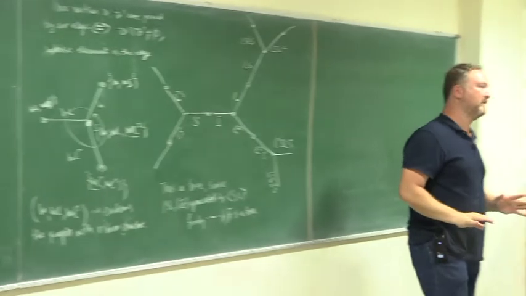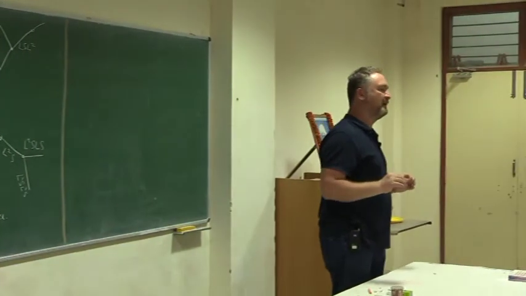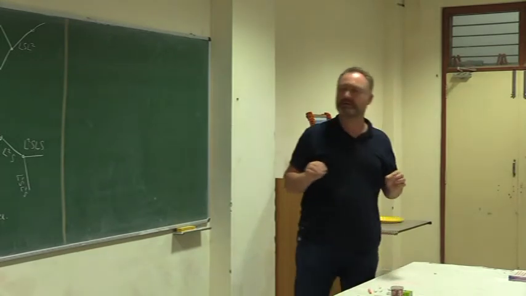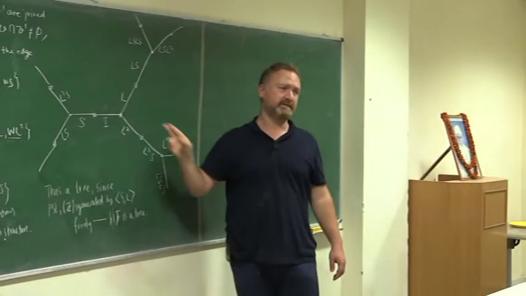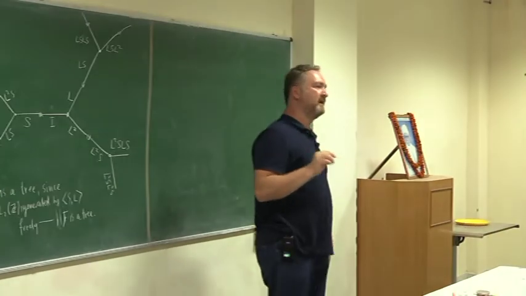This is going to define an automorphism of the tree. But this automorphism will change the cyclic ordering of edges emanating from this vertex. So this is not a ribbon graph automorphism, okay?